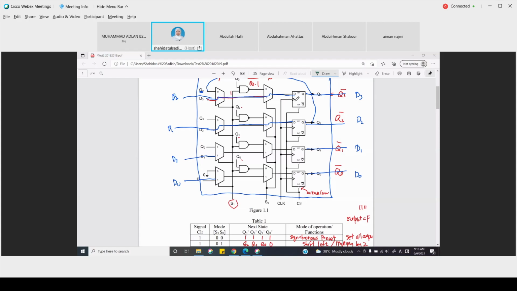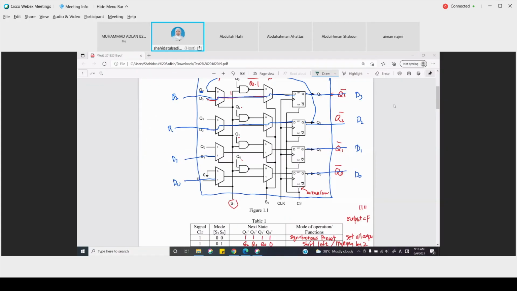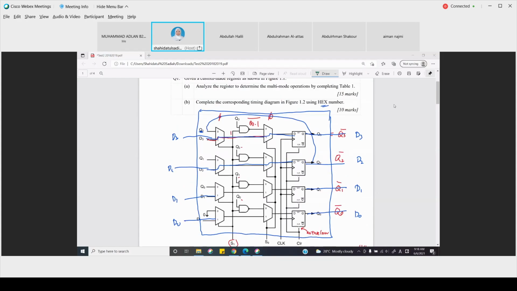Synchronous clear, you will know if we can see inside the flip-flop, which we are not doing at this level. So the clear will be asynchronous unless it is stated in the question that the clear is synchronous. All right, thank you, Masa, for the questions. Good questions. Others?